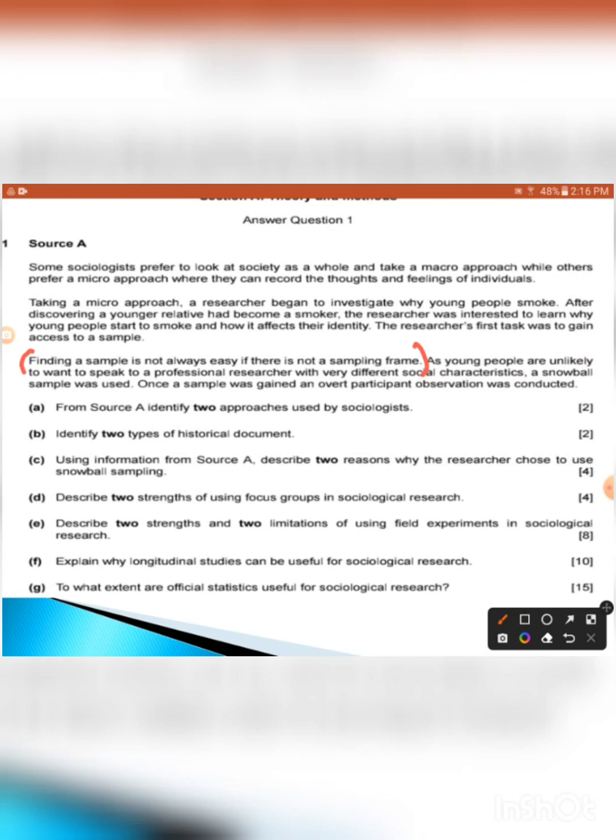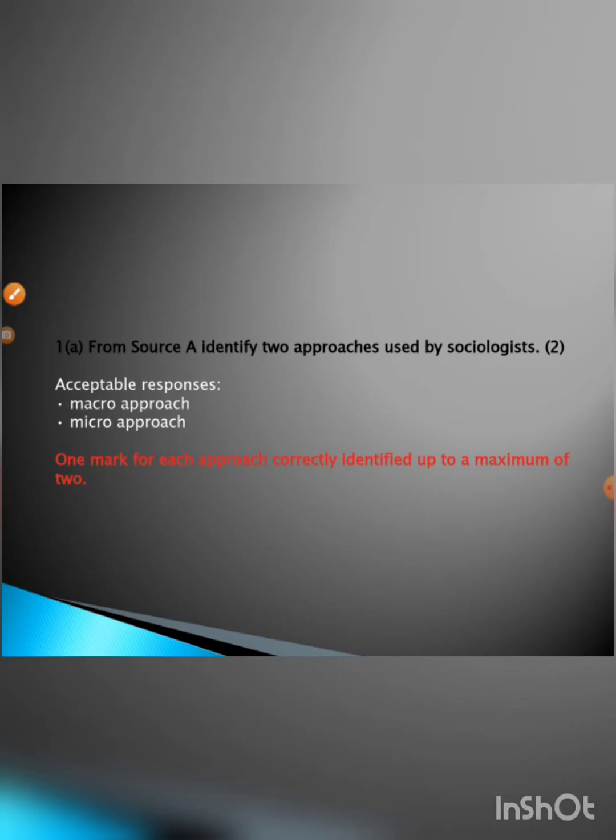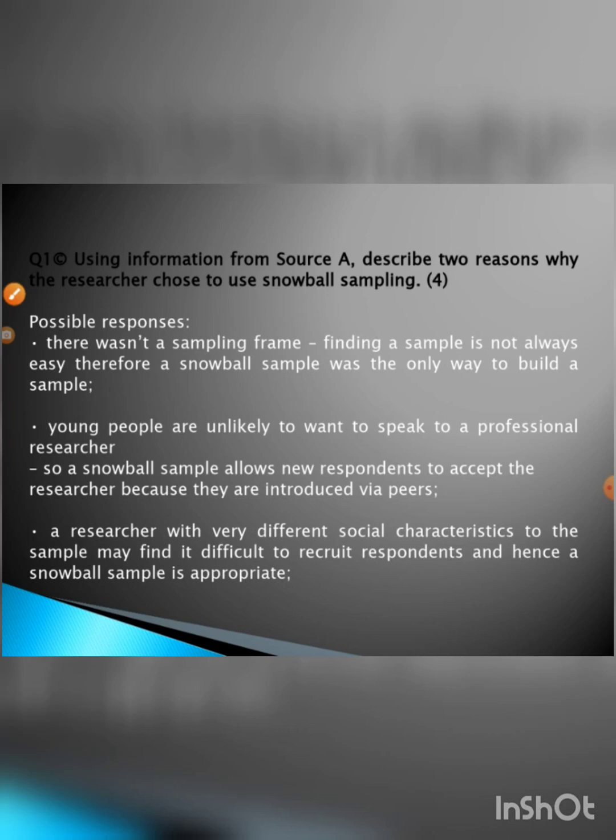You can find it, but it will not be easy. So in such cases, you use the snowball sampling method. This was highlighted in the source. Then it says young people are unlikely to want to speak to a professional researcher. So a snowball sample allows new respondents to accept the researcher because they are introduced via peers.